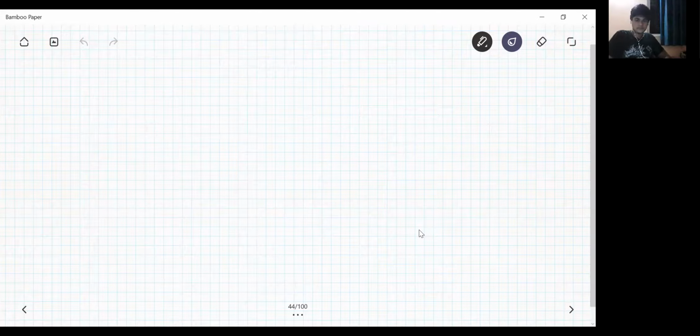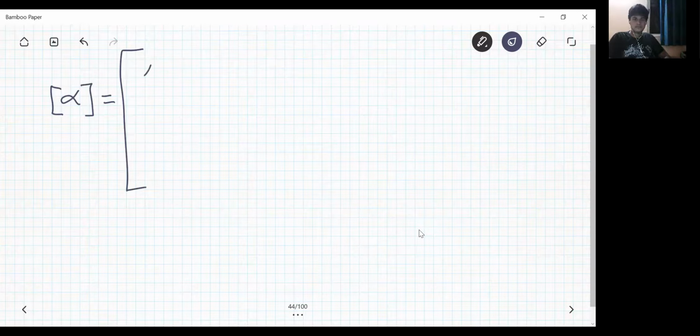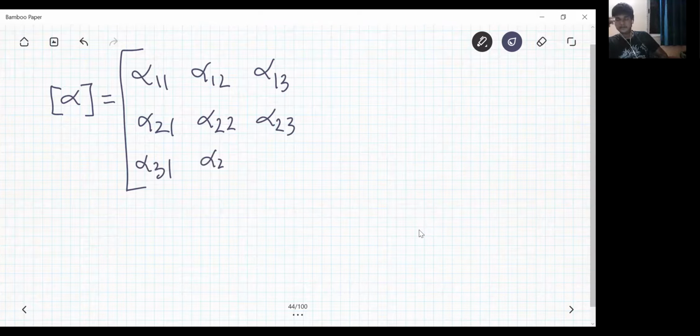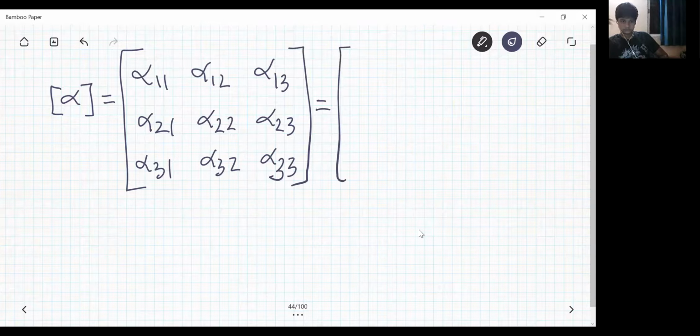Now we can write the matrix alpha: alpha 11, alpha 12, alpha 13, alpha 21, alpha 22, alpha 23, alpha 31, alpha 32, alpha 33. Now we have the values we have calculated.